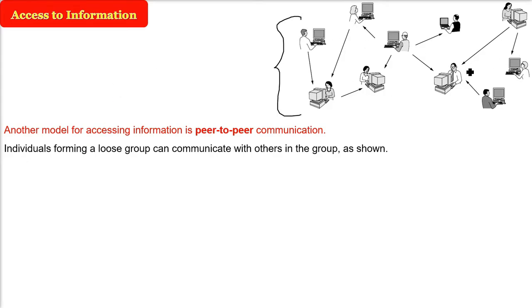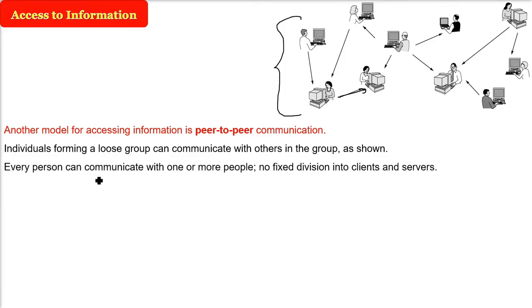Now, these individuals form a loose group and they communicate with one another in the group. As you see here in the picture, one person can talk to another person, one person can talk to multiple persons. So there is no fixed division here as client and server.